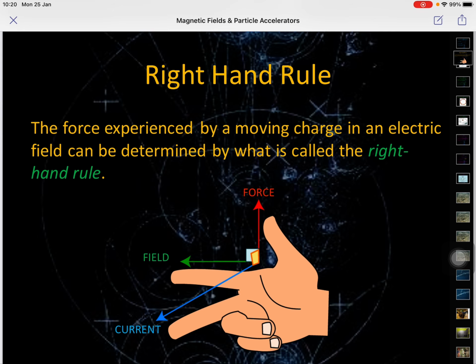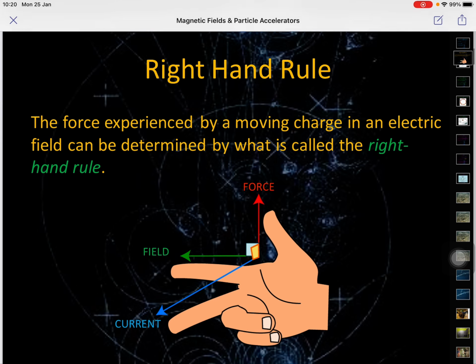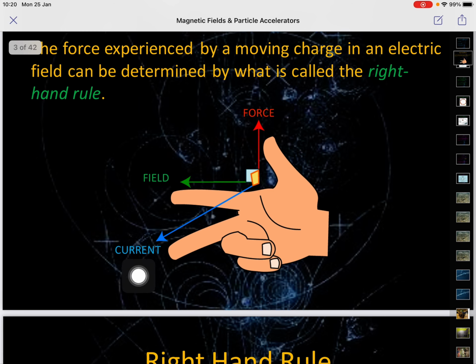Now, the thing about these three things, current, field, or force, is that when they exist together, each of them is perpendicular to each other. So we end up with a kind of 3D graph almost, where each of the things we're talking about are at right angles to each other.